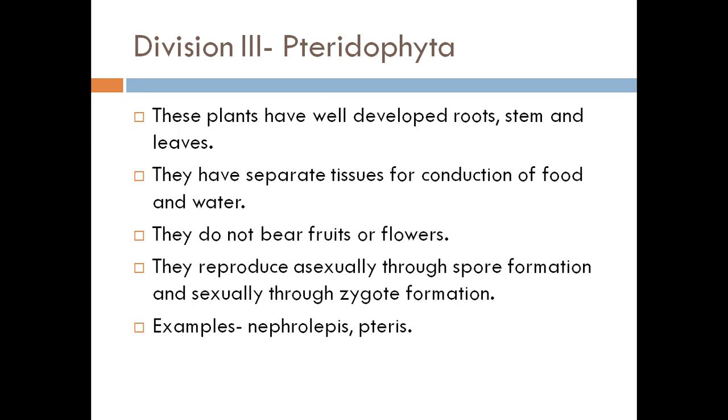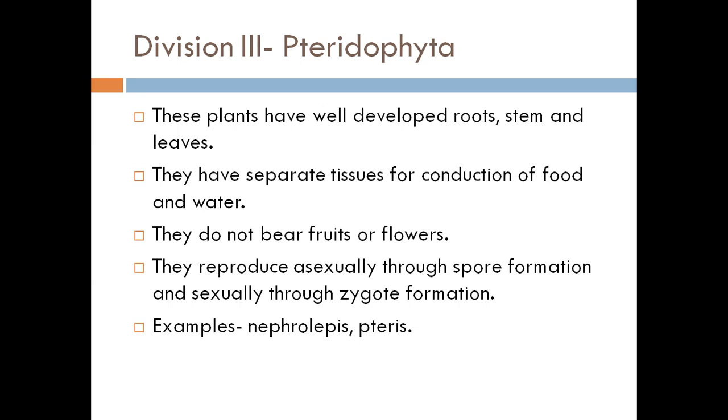They do not bear fruits and flowers. That means they do not have fruits or flowers. They reproduce asexually through spore formation. Asexual and sexual are two forms of reproduction.